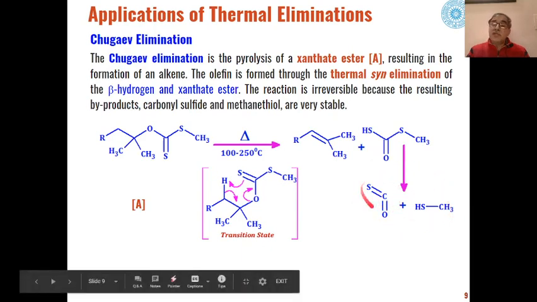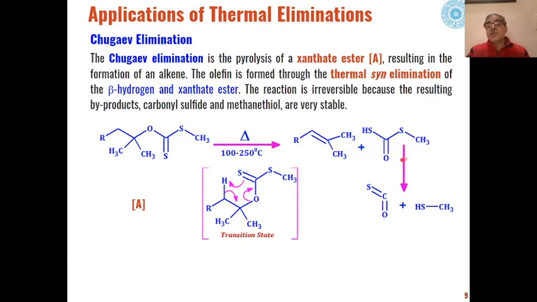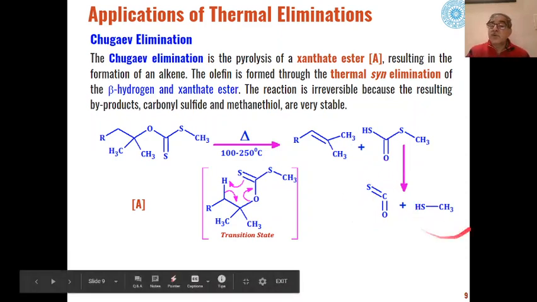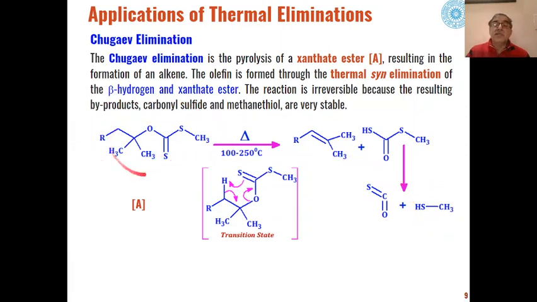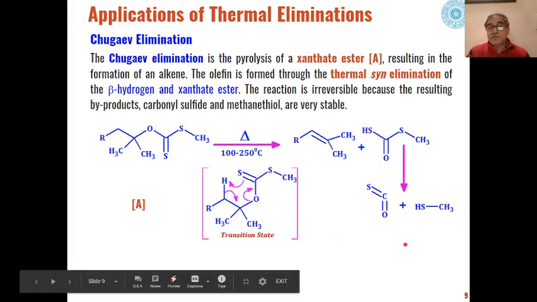Both of these are gases, and they go into the atmosphere. That is why this reaction is irreversible. Once these products go into the atmosphere, we cannot get back these xanthate esters, and such a type of elimination reaction is known as Chugaev elimination.